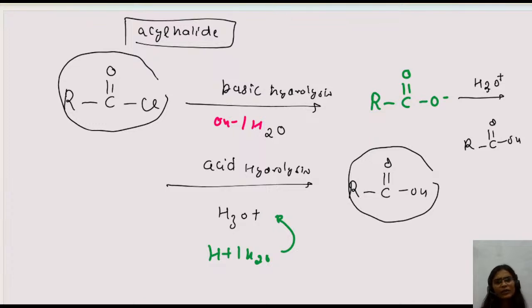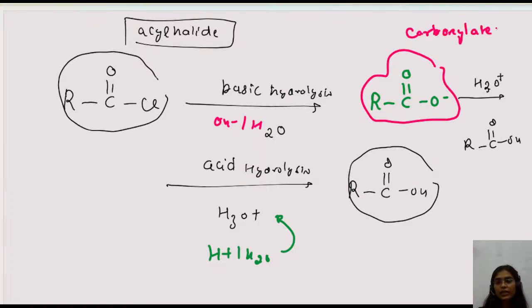Okay, sometimes maybe it is asked in a statement. If you are using the basic part, we end up with the carboxylate ion first. So this is important: with base, carboxylate ion formation first, and for the acid part, direct COOH formation is there. Even you can observe, for example, if I'm using a base, this is a CO and then Cl is there, right?